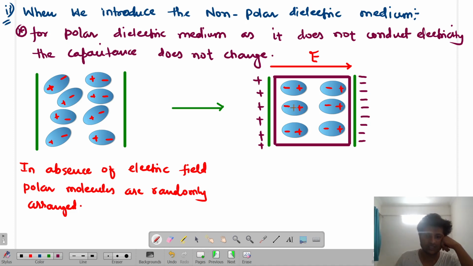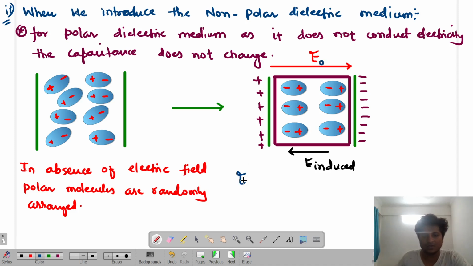So look over here, if this is plus and minus, can we see that they are generating some kind of induced electric field in the opposite direction or not? Which is E induced, isn't it? Are you able to get me? So look over here. First thing, I have this as E naught.